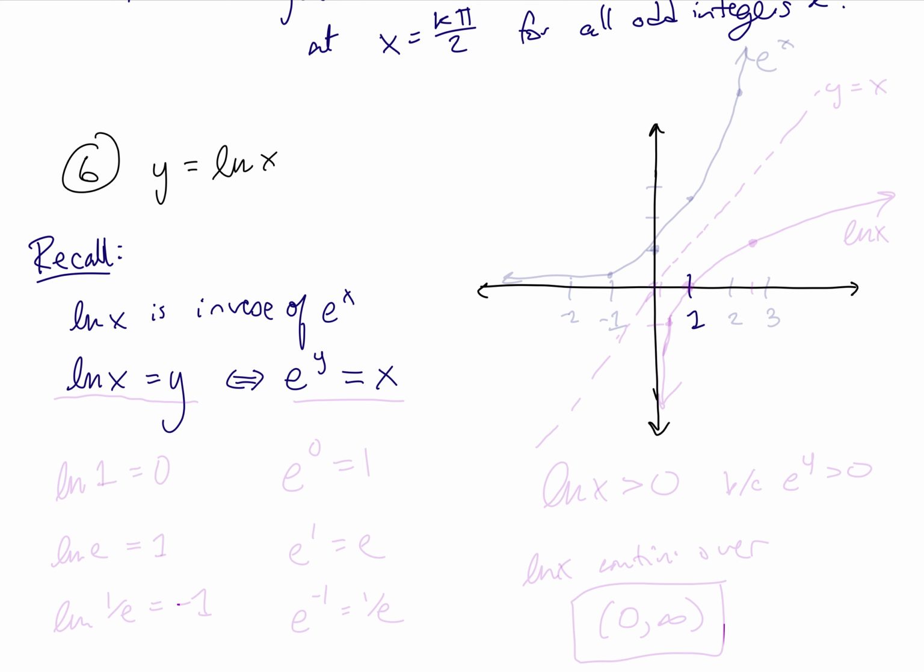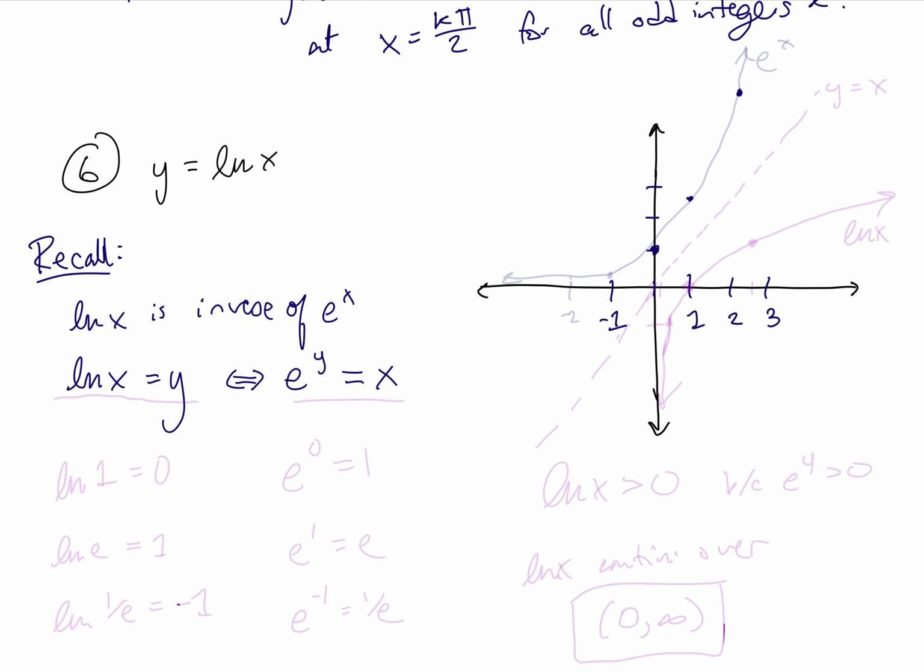E to the 1 is just e, which is like 2.718. E to the 2 is 2.718 squared, so something around 8-ish, and so on. We're getting larger and larger. It's an exponential function. E to the 0 is 1.